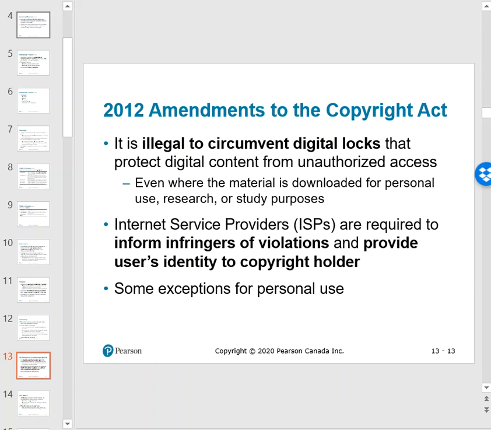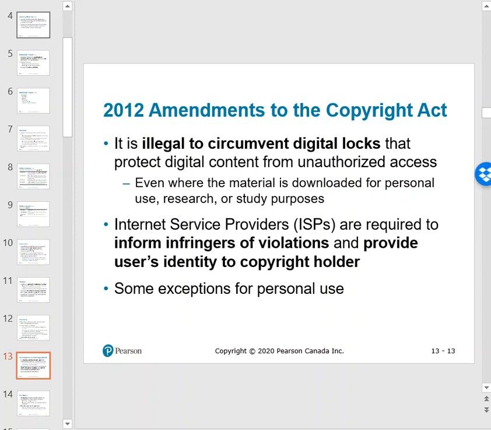So you have to pay a subscription, etc. But if you find a way to break those digital locks, it is illegal, and you may face, again, both civil and criminal consequences.